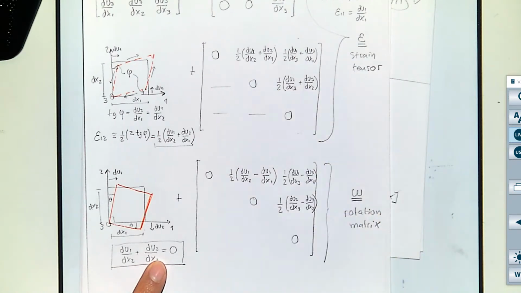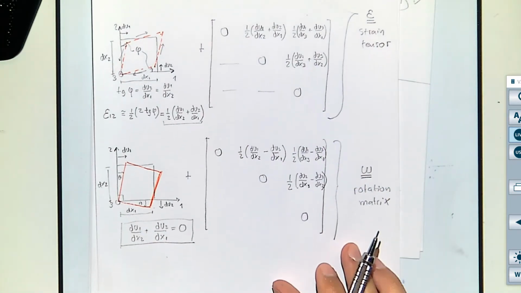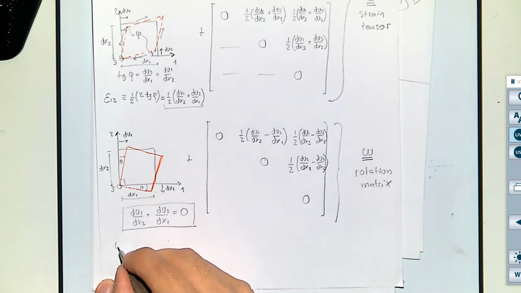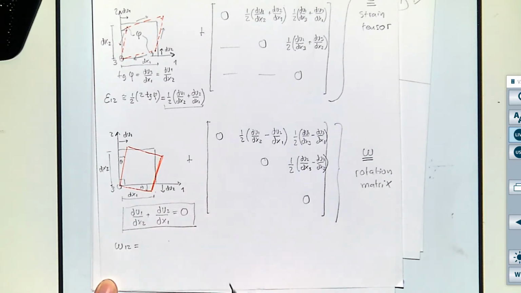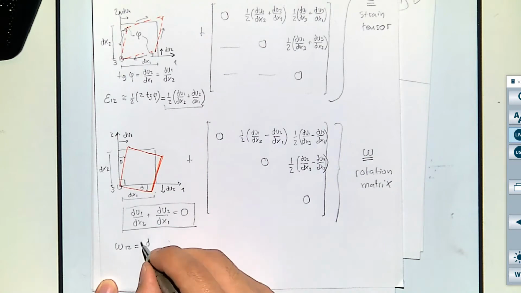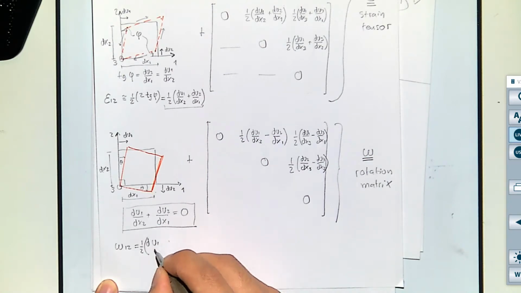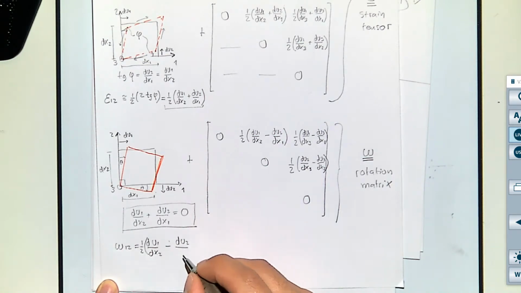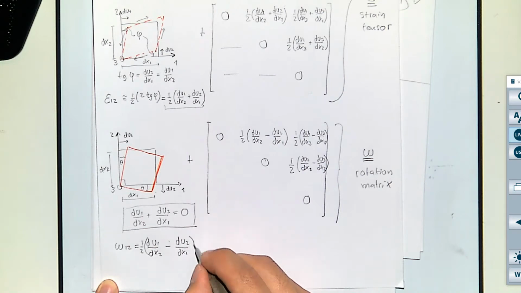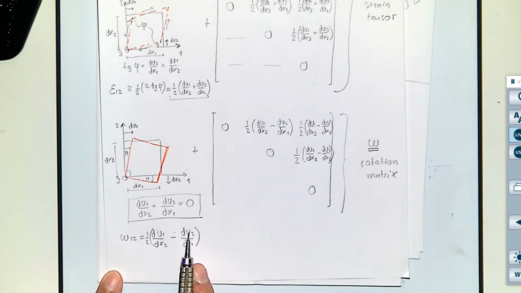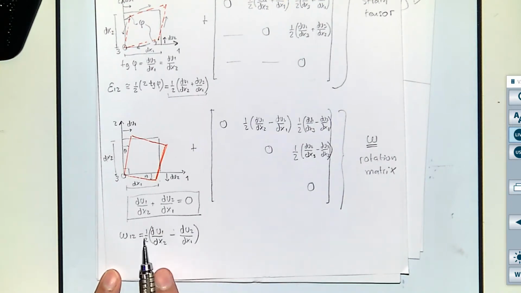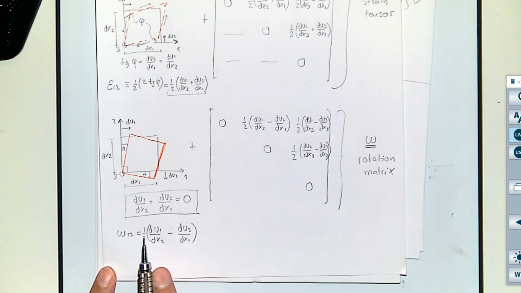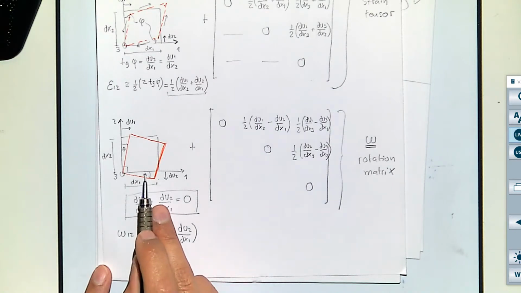But if I want to compute the rotation, what I have to do is change the sign of whatever this second term is. In this way, if this is negative, negative and negative will be positive and will add up to the previous one and will tell me the rotation angle omega or theta.